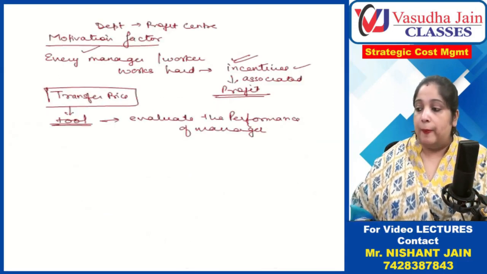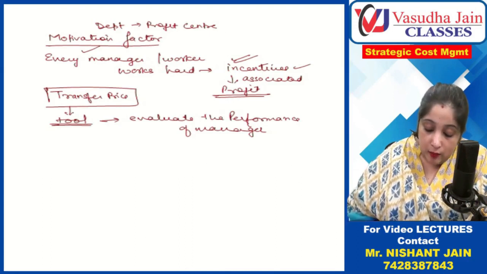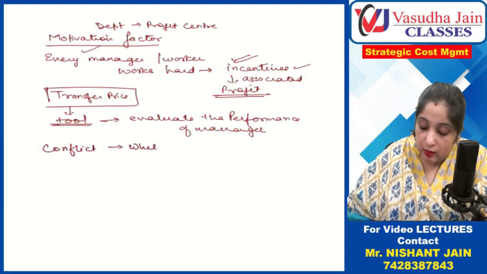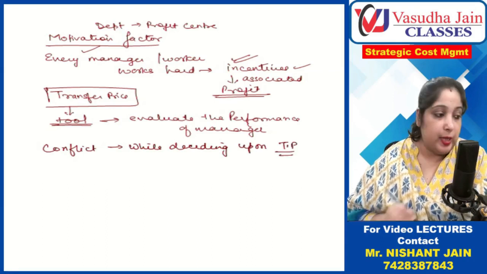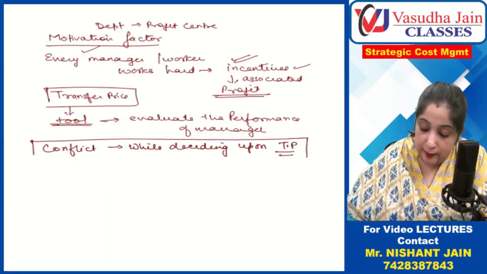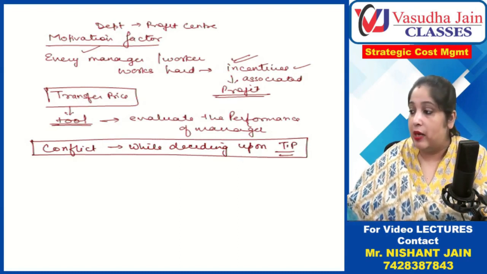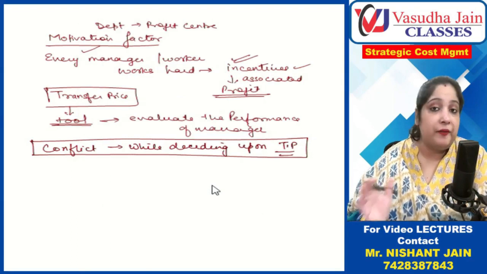Now, second part, what is the conflict while deciding upon what should be the transfer price? What is the conflict that the departments face when they fix up the transfer price? This is very important. See, the purpose is different.